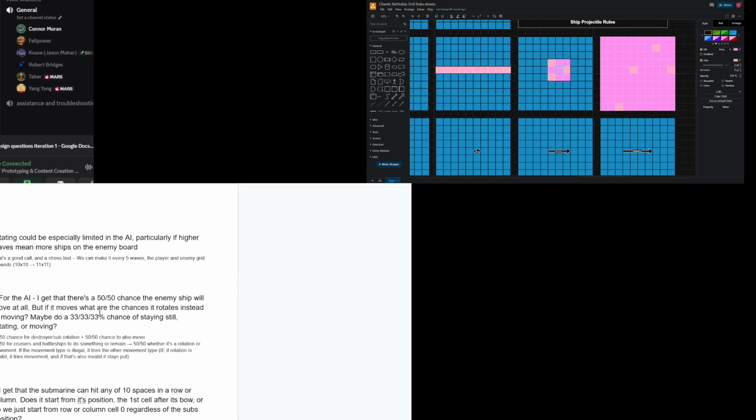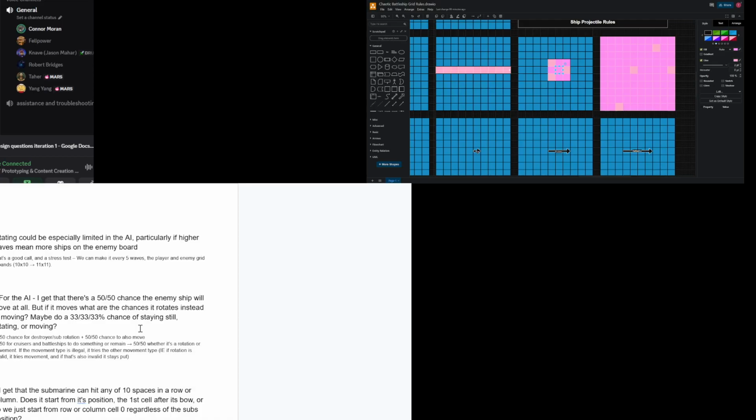For the AI, I get that there's a 50-50 chance the ship will move at all, but if moving, this is a question of AI control and whether it should be moving or rotating at any given time. My solution is a 50-50 chance for destroyers or subs to rotate, and then a separate 50-50 chance whether it also moves, because, as previously mentioned, destroyers and subs can rotate and move in the same phase.